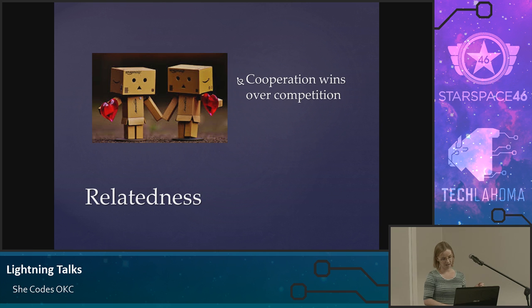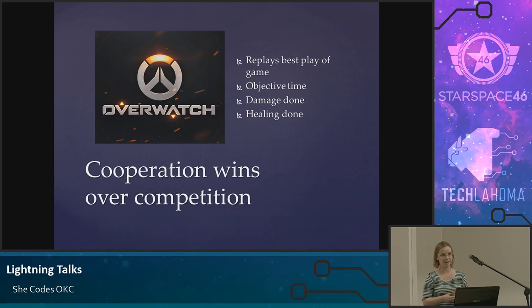So anyway, you've got to try what you can to get people to cooperate. A good example of this was the game Overwatch. It replays the best of what everybody has done, and it's specific to their job in the game.